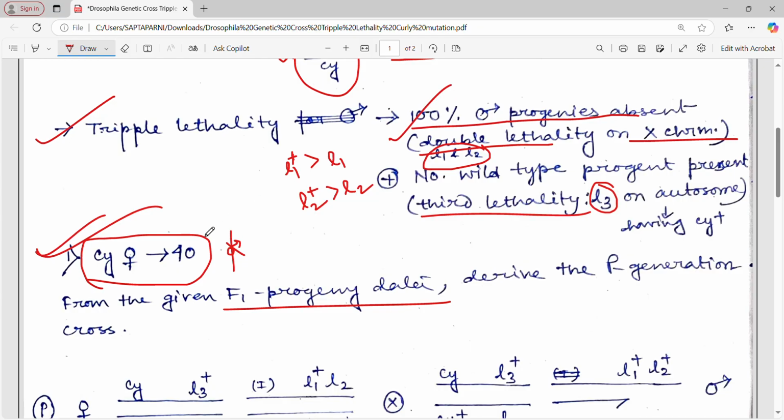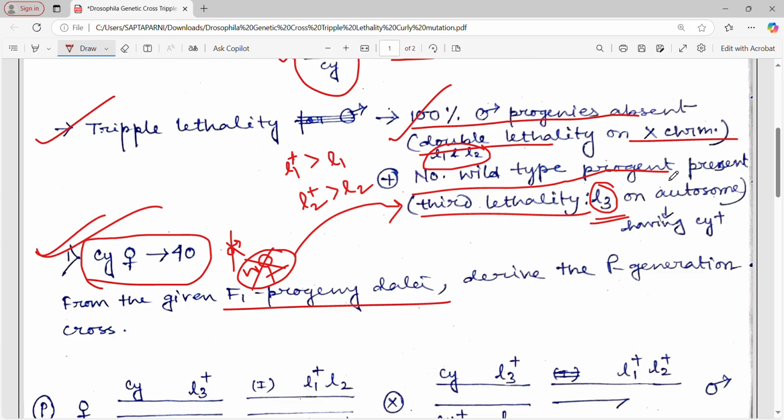Along with that, you can also see that no wild type females are present, only Curly females, which have the mutant phenotype. So to kill all these wild type females you have to introduce a third lethality, that is the lethal allele L3, to kill all the wild type progeny, or all the wild type females here. So where should we put the L3 lethal allele?